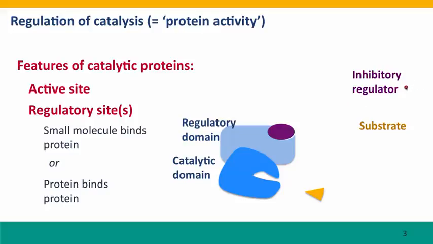One particularly common kind is where the inhibitory regulator is actually the product of the reaction. It's the molecule the substrate is normally converted into. When the cell already has plenty of product, it doesn't want any more. The product serves as an inhibitor, shuts the enzyme off, so no more product is made.